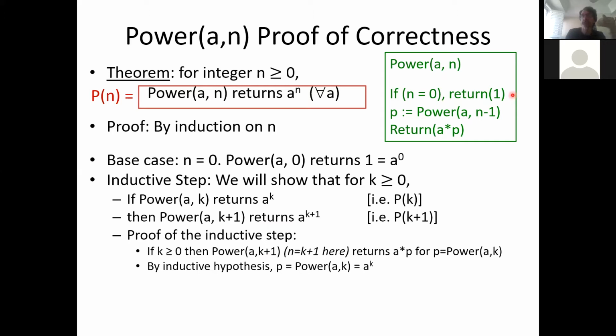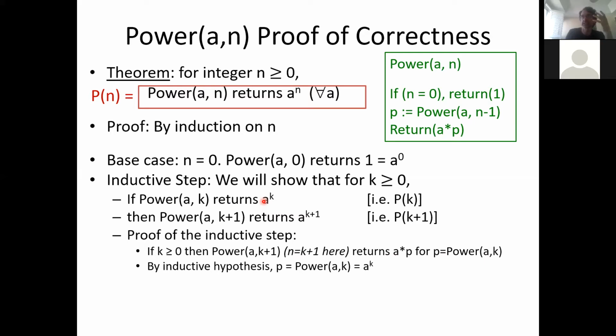So the algorithm will trigger this and then return that. In other words, it will return a times p for p equal to power a of n minus 1. But n is k plus 1, so n minus 1 is k. So the algorithm will return a times power a, k. Now, by inductive hypothesis, you know what this returns. Or rather, you don't know, but you can assume that you do.